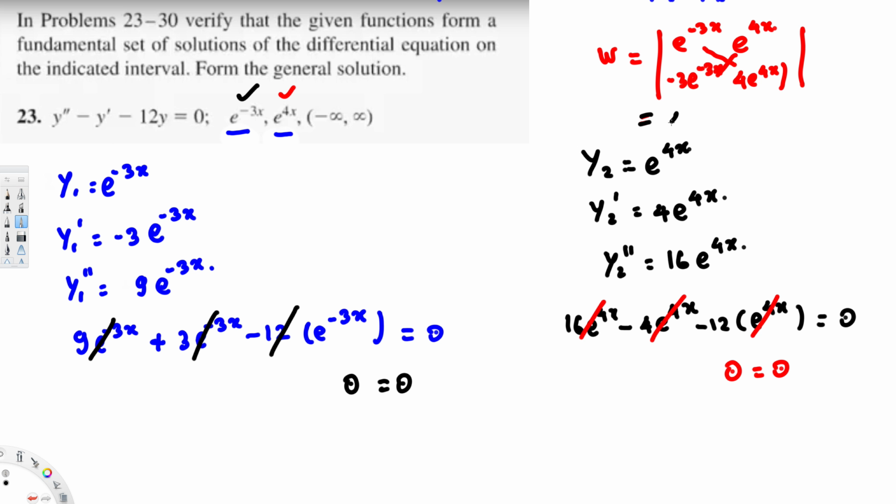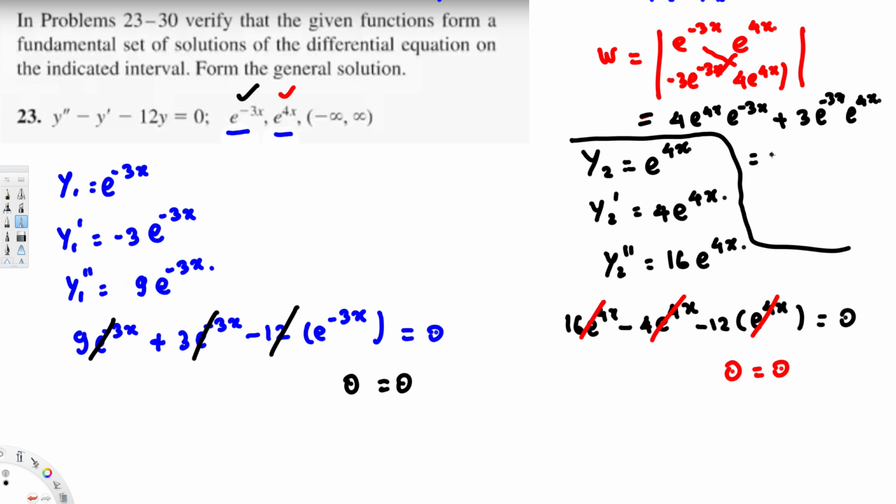Here we get 4 e power 4x times e power minus 3x, minus minus 3 e power minus 3x times e power 4x, and the double negative makes it plus. The powers add, so this becomes 4 e power x plus 3 e power x.